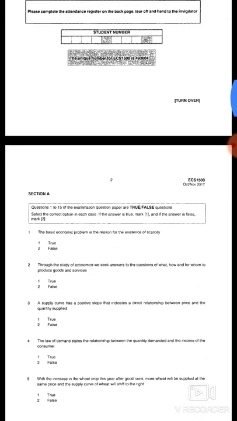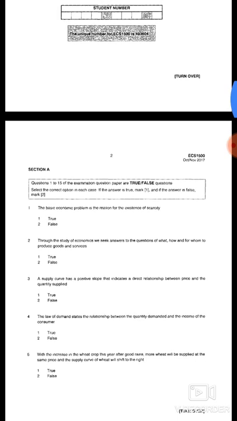So question number 1, it says, the basic economic problem is the reason for the existence of scarcity. Is that true or false? Okay, this is true. The basic economic problem is the existence of scarcity.